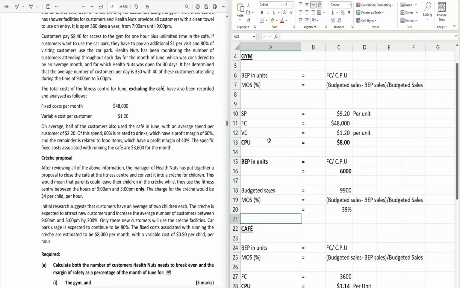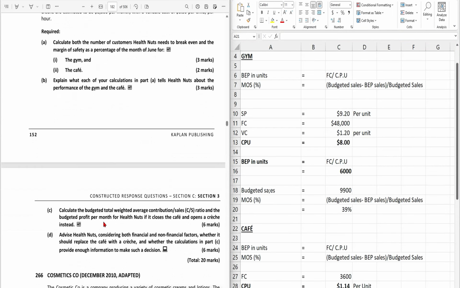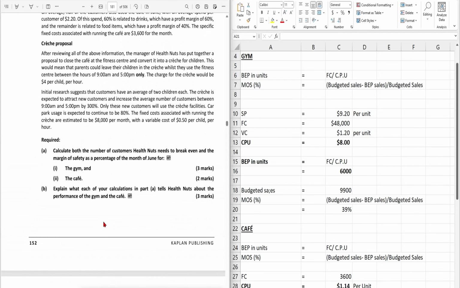This one is the contribution per unit, and budgeted sales is here. But the question asks to calculate again for the month, so we will only calculate for the month.